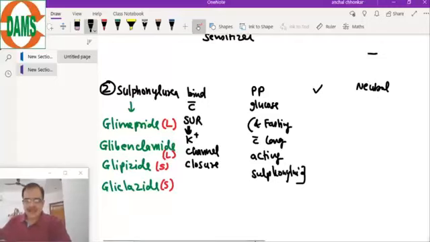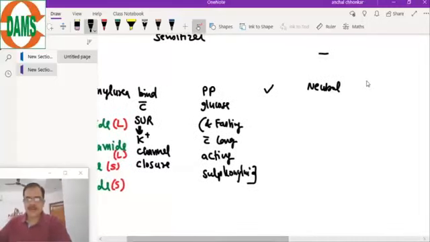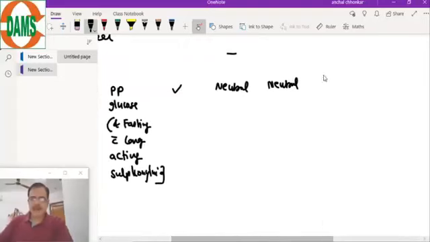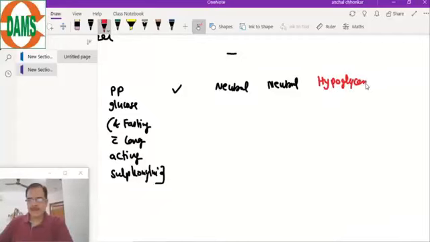Then the CKD risk, it is neutral. The most important side effect of the sulfonylureas is hypoglycemia episodes, especially in elderly patients.